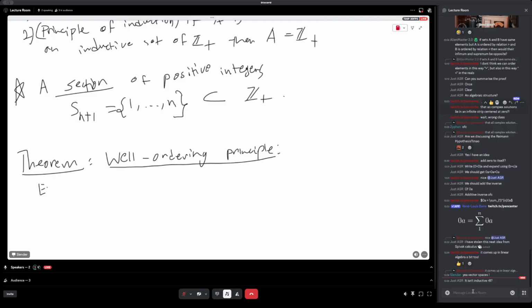This states that every non-empty subset of Z plus, every non-empty subset of the set of positive integers, has a smallest element.